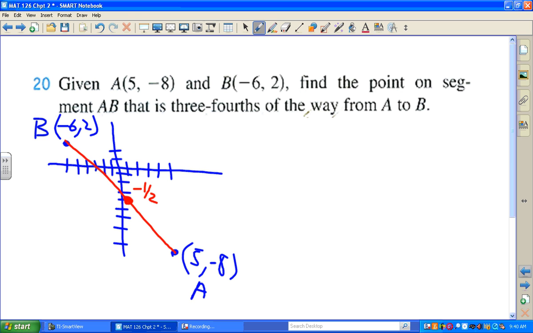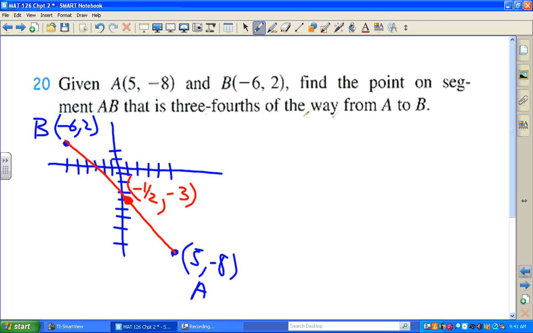My picture's off a little bit. Then 2 to negative 8 is negative 6. Negative 6 plus 5 is negative 1, right? We have to do two things to get 3/4. A half and a half. It makes a fourth, right? So that is negative 6, negative 3.